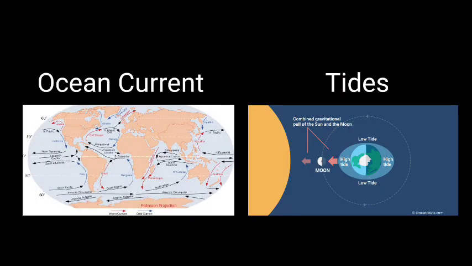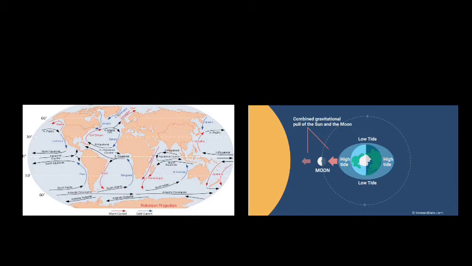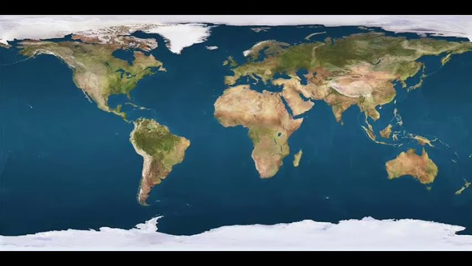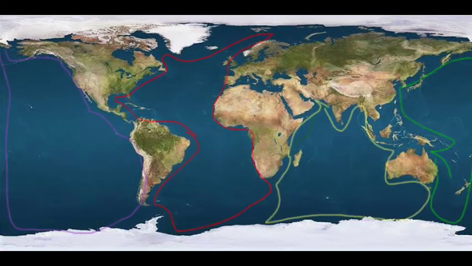So there are other types of ocean water movements also, ocean currents and tides. If we see the earth's surface, it is covered with water. 70% of earth is covered with water bodies. It is a single mass of water, but for educational purposes, we have divided it into different oceans.